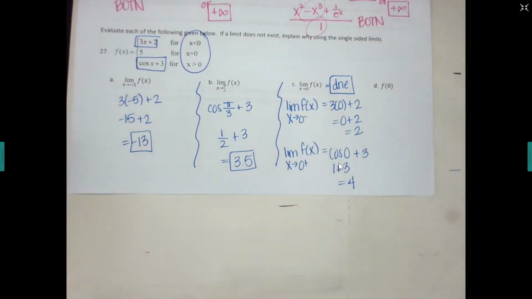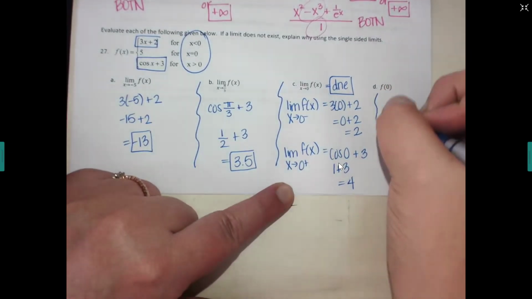Then if the limit doesn't exist, look at your instructions. It says explain why using limits. Some of y'all on your quiz, not really this class as much, but just put left equals 2, right equals 4. You do have to use the little lim, x approaches notation. Last one there, we want f of 0.